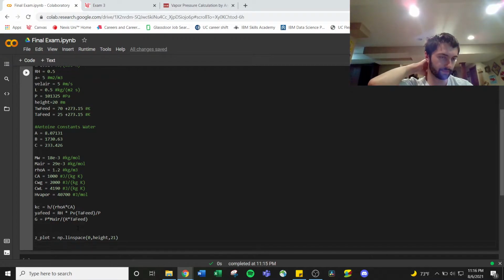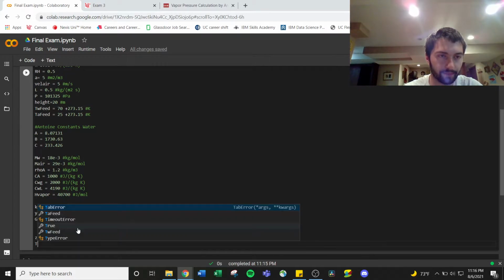Looking good. And we actually also want to make a couple initial guesses that we're going to need for our differential equations and our initial value problem. So I'll make an initial guess for the air when it is coming out of the cooling tower.